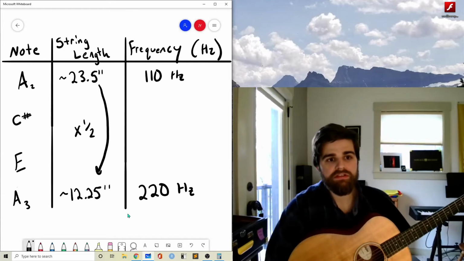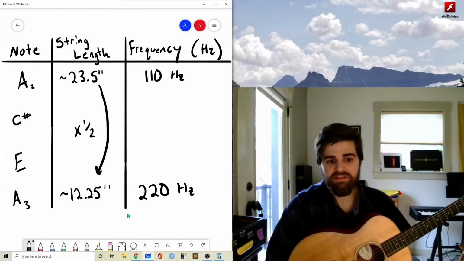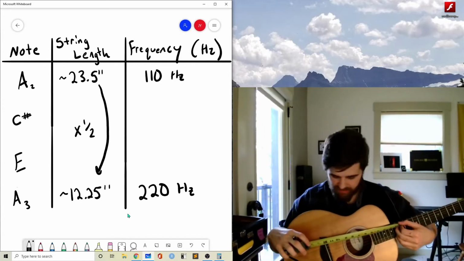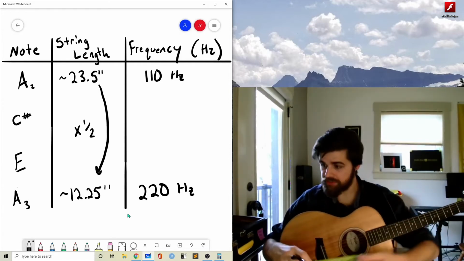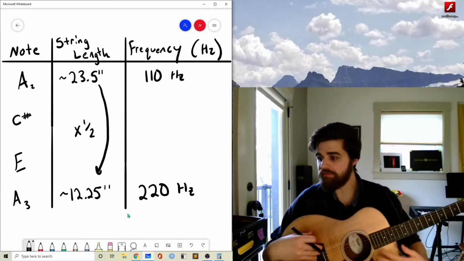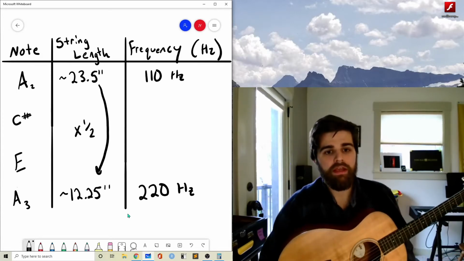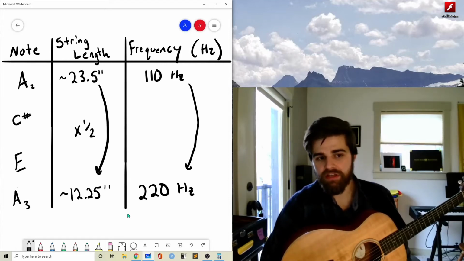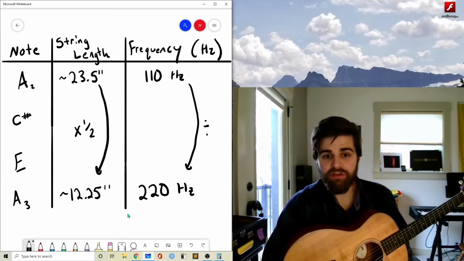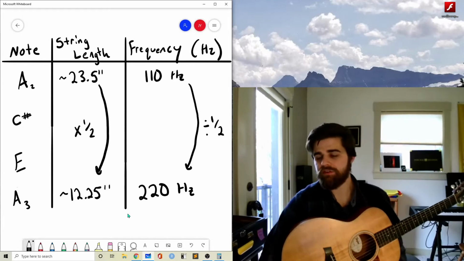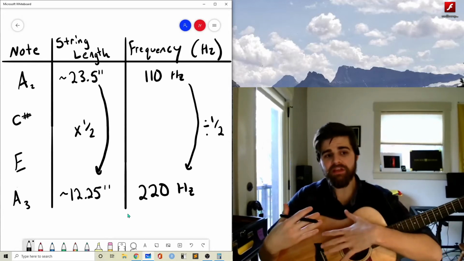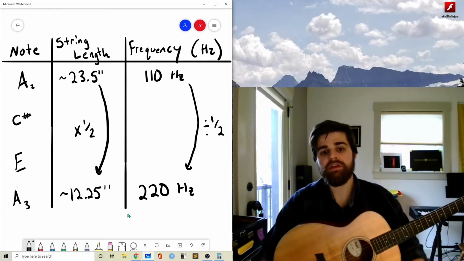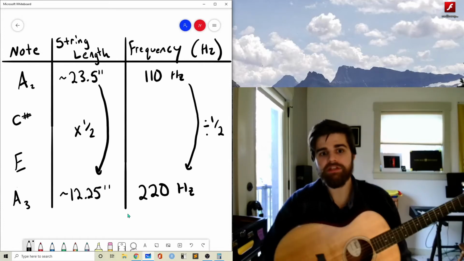You can see that the length of the string is exactly half. I measure from that point I was holding down to the end. That's 12¼ inches, so exactly half of the full length of the string. And we see the frequency doubles. Or we can think of it as if we multiplied by 1/2, we can divide by 1/2. So we have this really tight relationship where by halving the string we double the frequency. So we have this direct or inverse relationship.